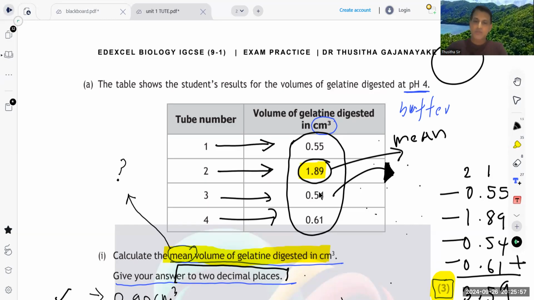So 0.55 and 0.61. This value does not fit the pattern. So what is the name given to values like this in a collection of data?